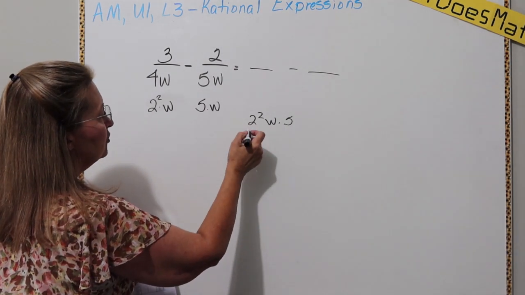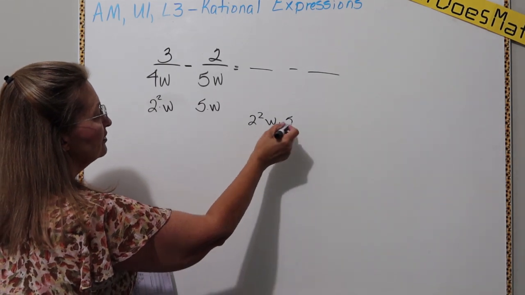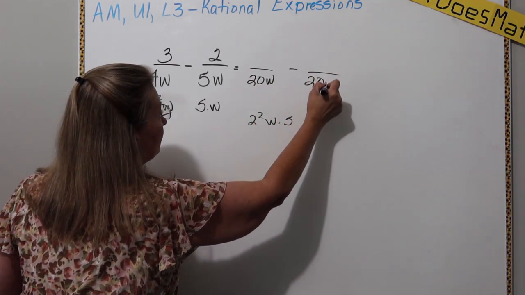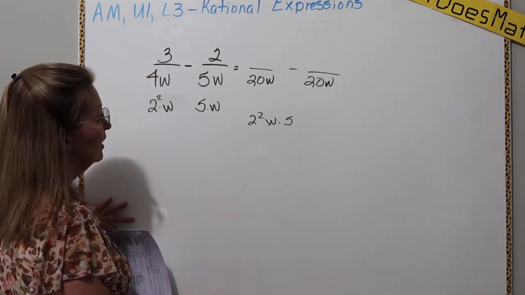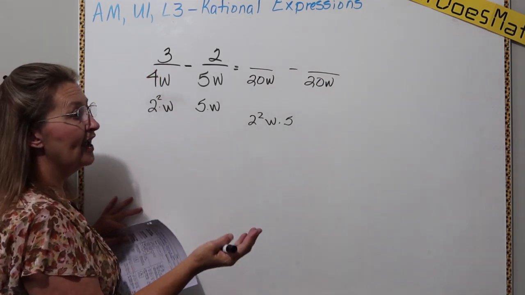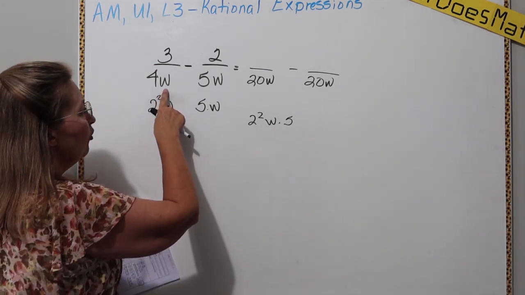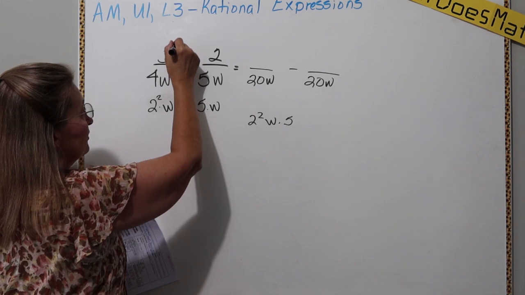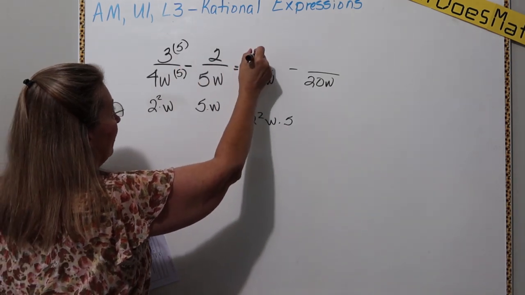So multiply this real quick. 2 squared is 4 times 5. So your common denominator is going to be 20w. Now, don't forget to adjust your numerators though. So you have to ask yourself, what did you multiply 4w by to get 20w? You multiplied it by 5, so you have to multiply the numerator by 5.